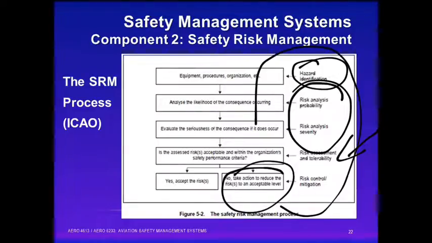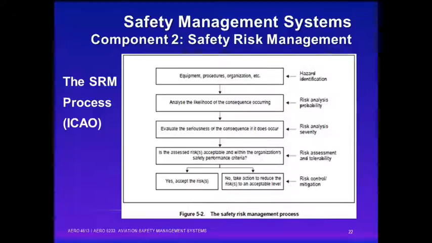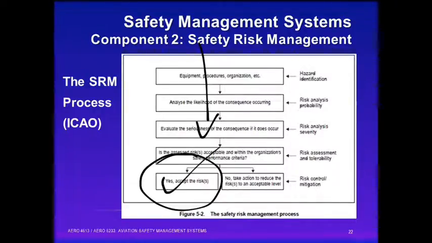We moved back down through that entire process, and we determined in post-control analysis that the risk was low enough that we would accept it. So after the second trip down through the process, we accepted the risk because we had controlled it. After accepting the risk, then, the process moves out of the SRM component and into the SA component for continuous monitoring.